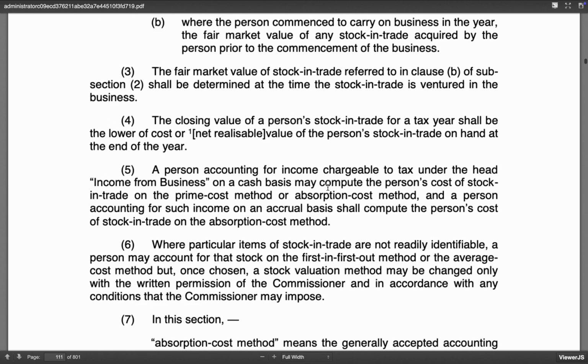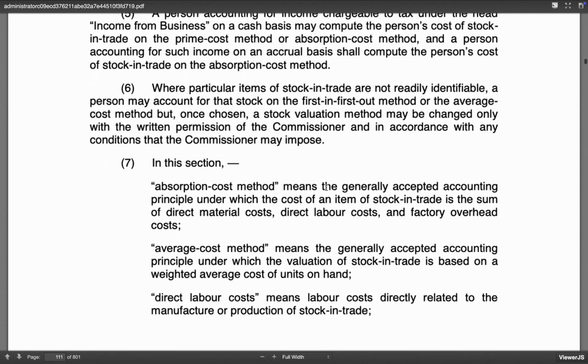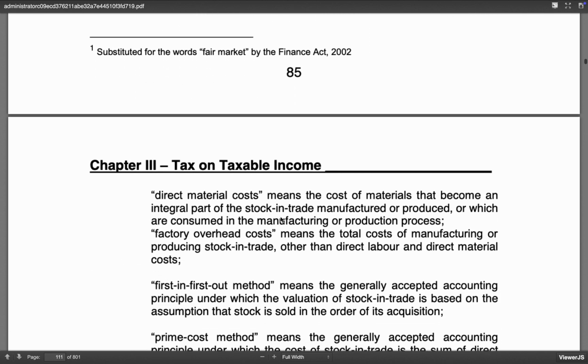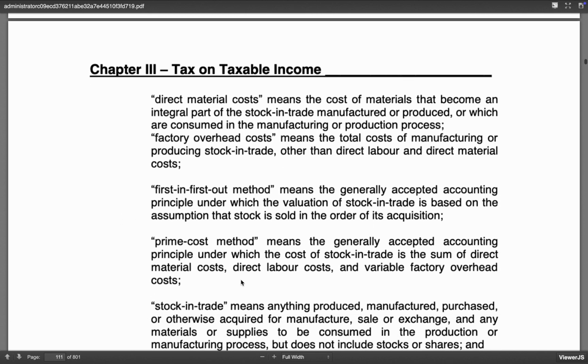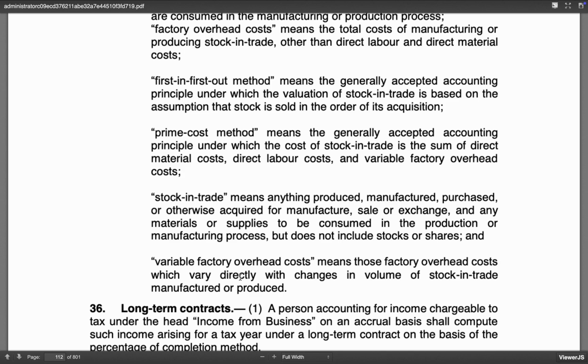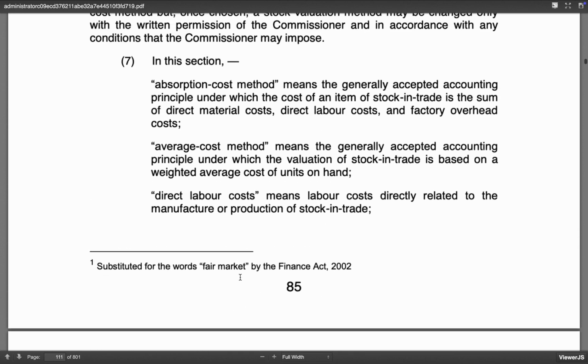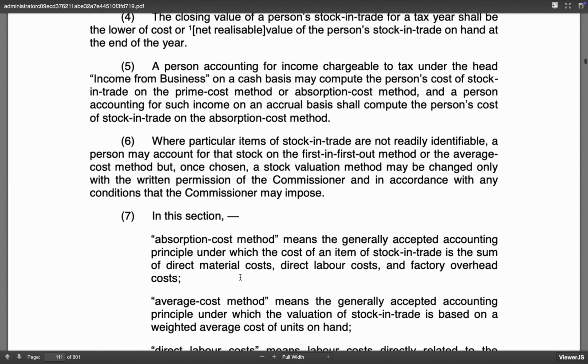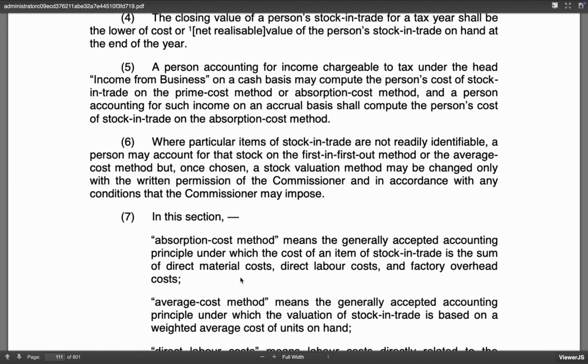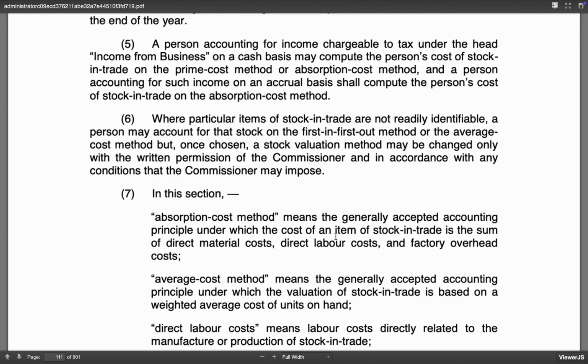And then there are some other details, and then there are cost system, absorption cost system, average method, direct labor cost, direct first in first out method, prime cost, stock in trade, variable. The purpose of giving all of these definitions and these rules here is that when you calculate your stock, be it a trader or a manufacturer, for example, if you're a manufacturer, absorption cost means that you take in all the direct material cost or the direct labor cost and a portion of the factory overhead.